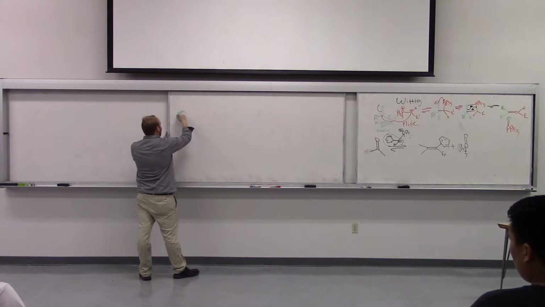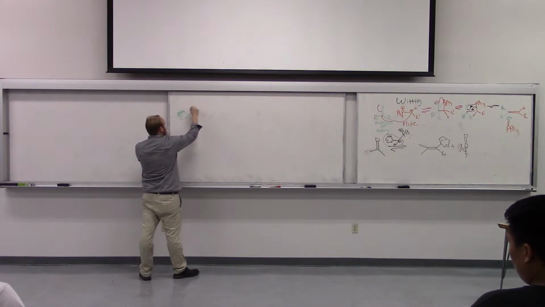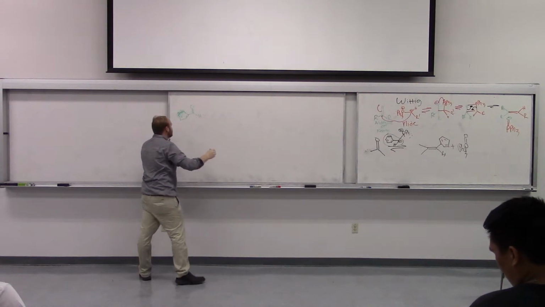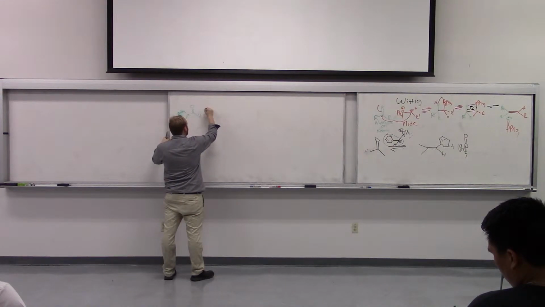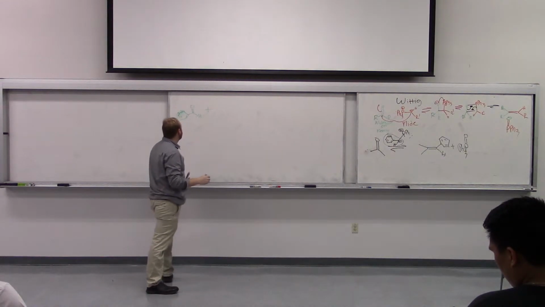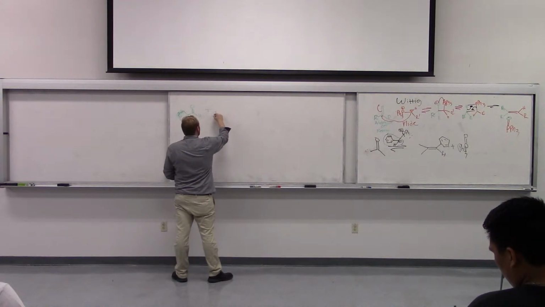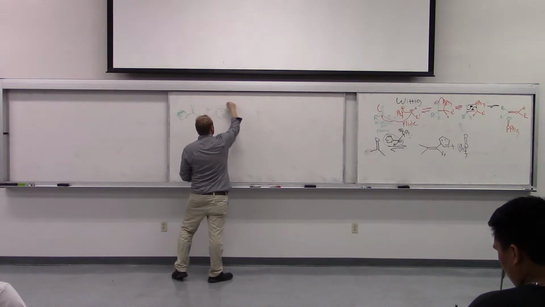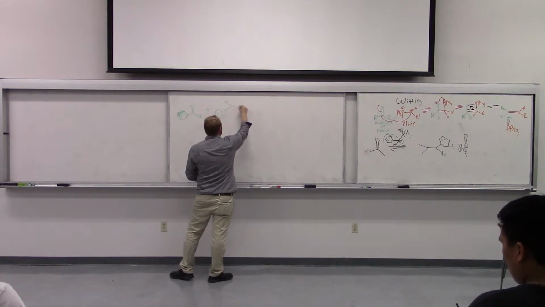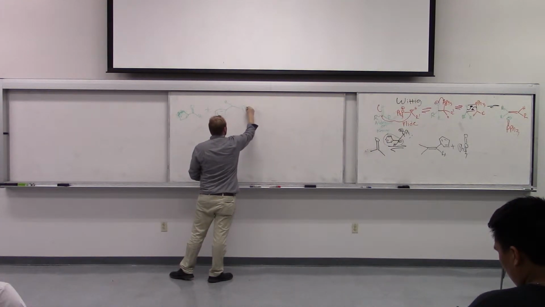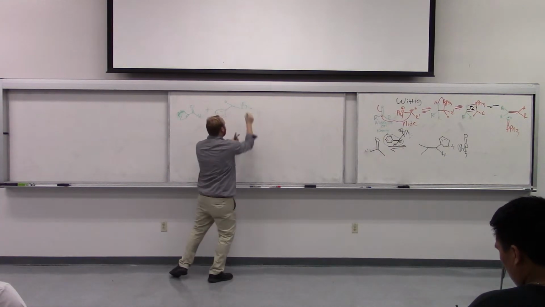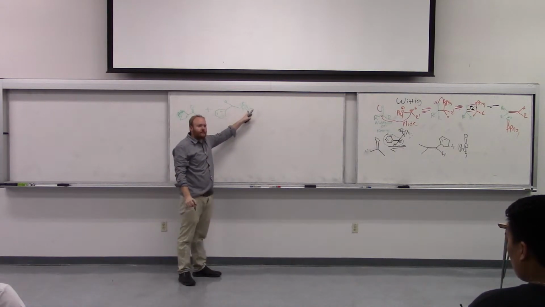Let's go with benzaldehyde, so an aldehyde off of a benzene ring. And let's do that same benzyl phosphorus ylide we just mentioned. By the way, these circles with crosses in them are shorthand for phenyl.